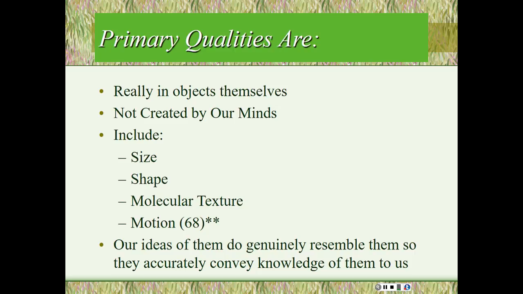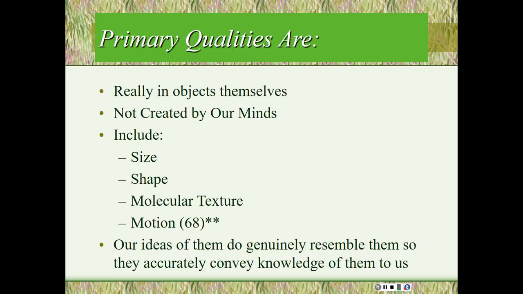And yet our senses for Locke really convey reliable knowledge of the external world because we have subjective mental pictures that accurately resemble things as they are in the real world in terms of size and shape and hardness, and the capability of motion in space.